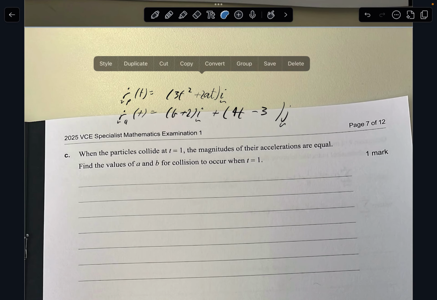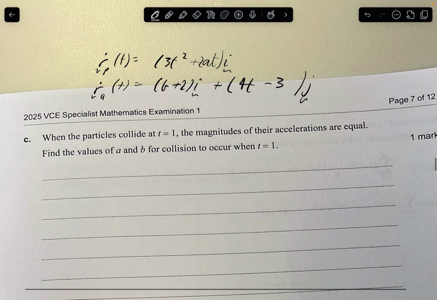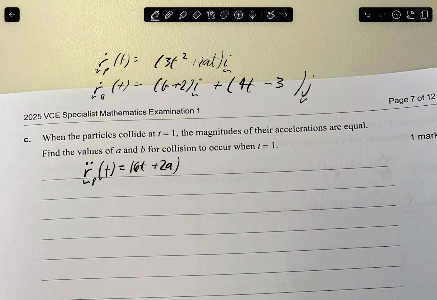So these are the velocities. R double dot of p of t is equal to 6t plus 2a i, and r double dot of q of t is equal to, that one goes and you just have 4j.